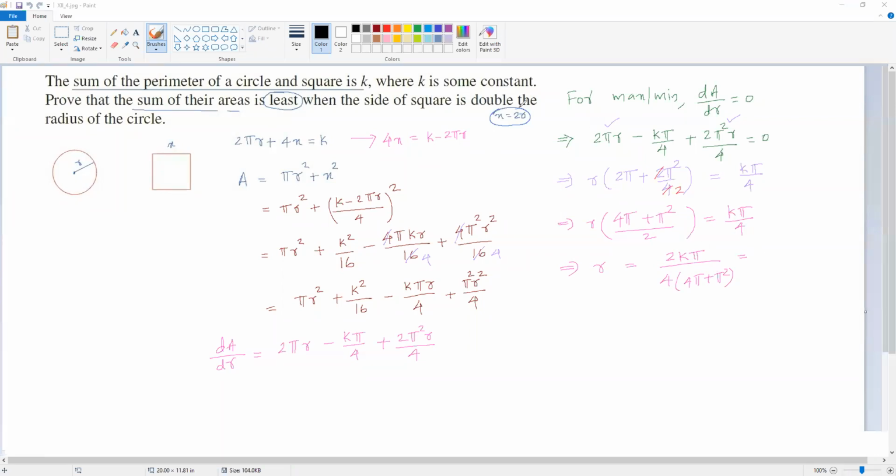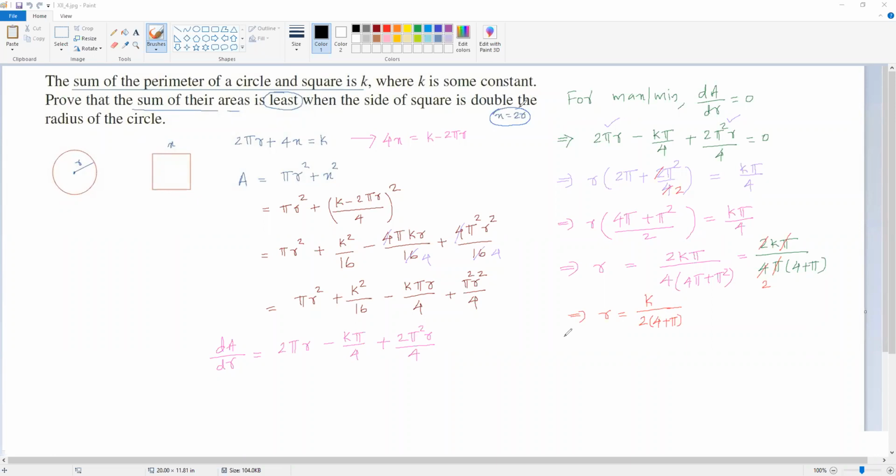So here you can take k constant, it is 2k pi divided by 4 into, you can take a pi common, so बाकी 4 plus pi आएगा. Then this pi cancel हो जाएगा, 2 4 cancel हो जाएगा, 2 मिलेगा. So आपको मिलेगा r is equal to k divided by 2 into 4 plus pi, 8 plus 2 pi, whatever it is.